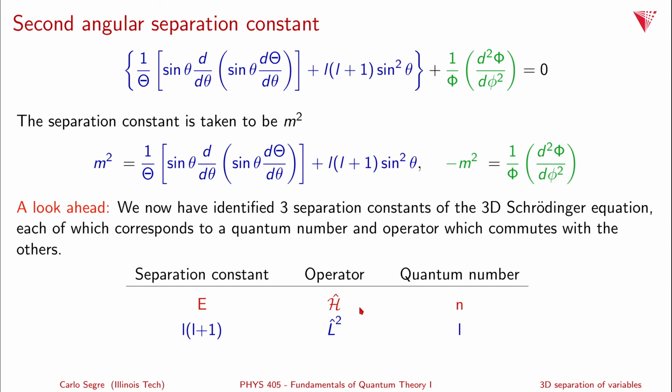Turns out that the operator that we'll be looking at here is the angular momentum squared operator. And the quantum number is L that's associated with that operator. And finally, the m squared, which separates the two angular components, corresponds to an operator L sub z, so the z component of the angular momentum, and the quantum number is m.